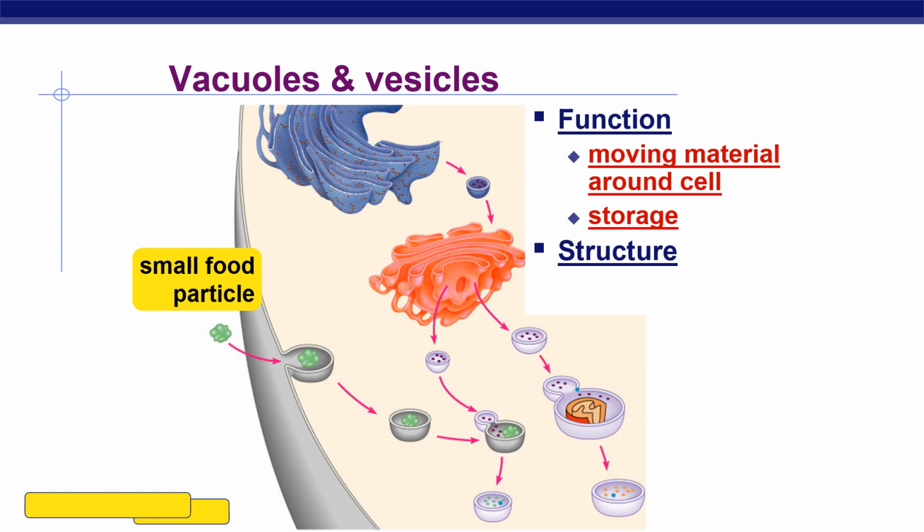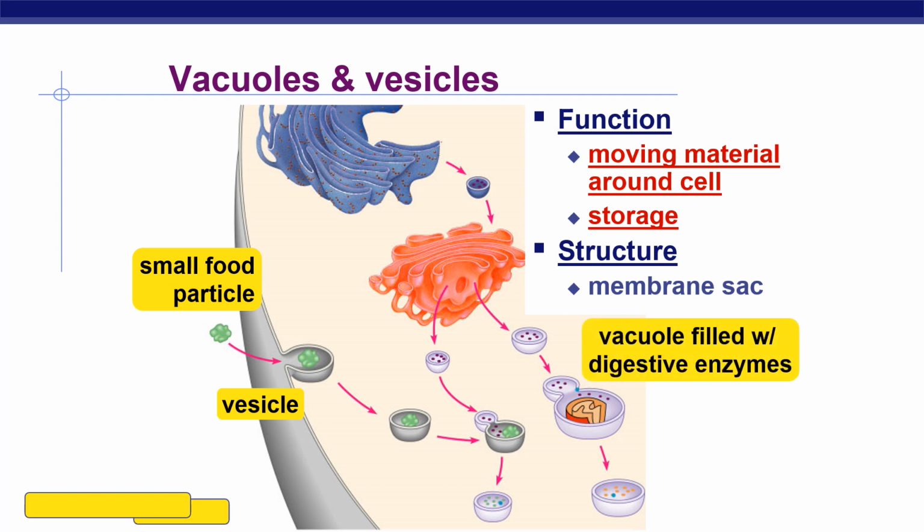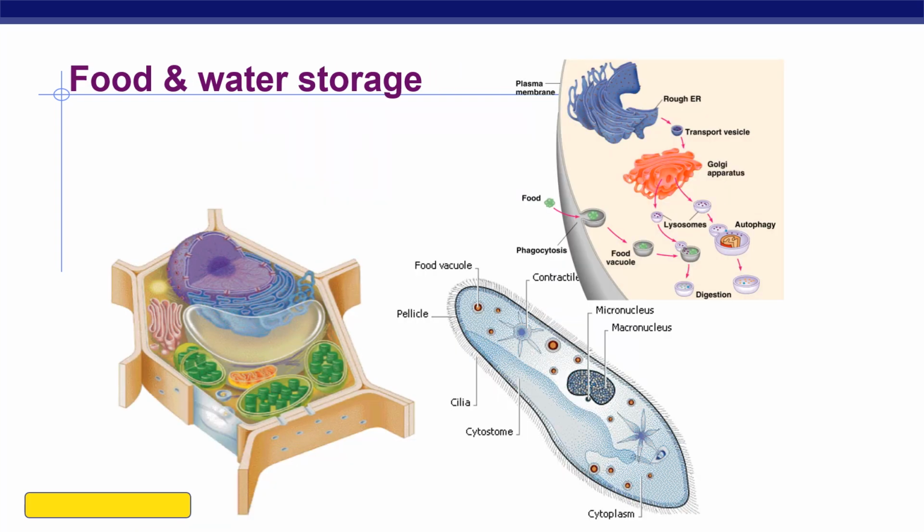So let's look into the small food particle that enters the cell. There we have the vesicle. It is a membrane sac, and the vacuole is filled with what we call the digestive enzymes. The vesicle, by the way, is filled with digested nutrients.